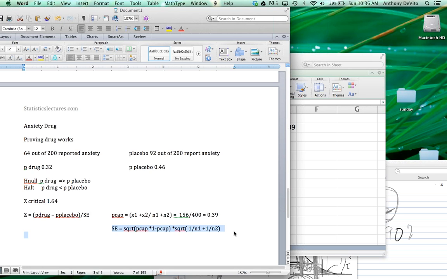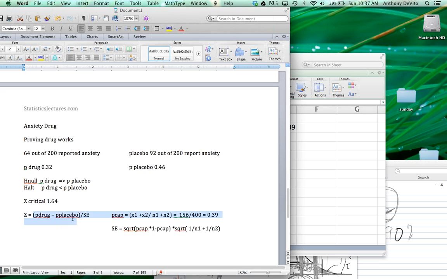And once we get into certain kinds of situations where we're dealing with two different sample proportions, we have to re-examine. It's not as simple as when we do a one sample test. We have to examine how we're going to calculate.